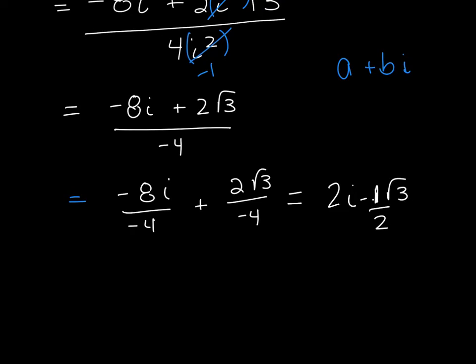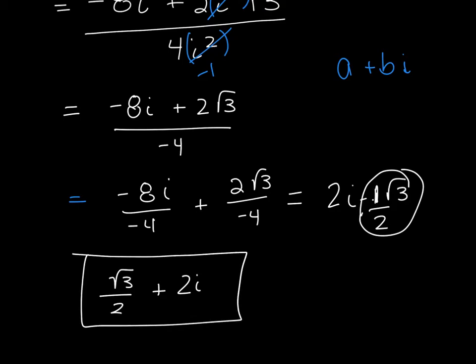But again, that's not the correct order. The real portion must be written first. So that's going to be written as negative square root of 3 over 2 plus 2i. So that would be your final answer for that question.